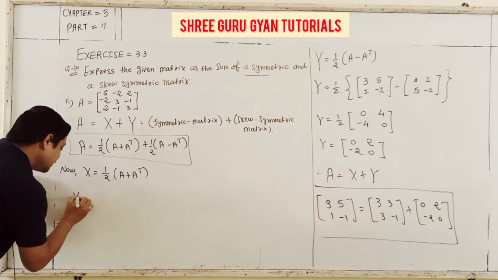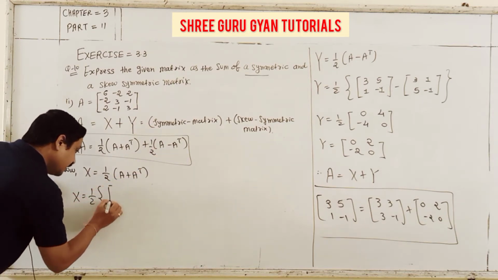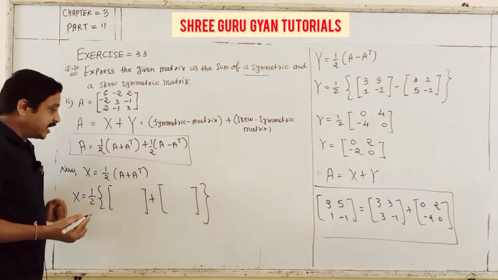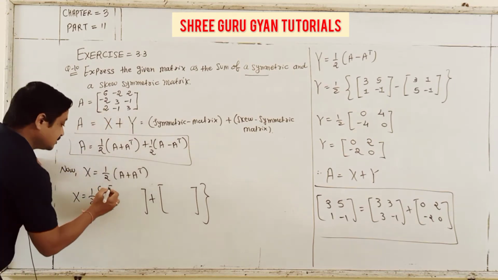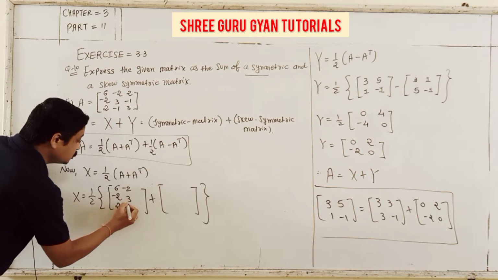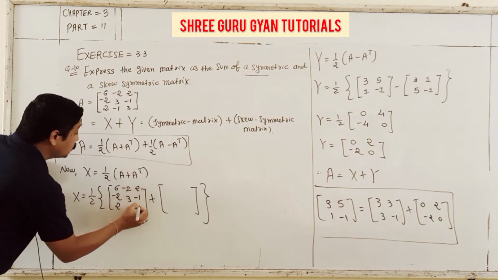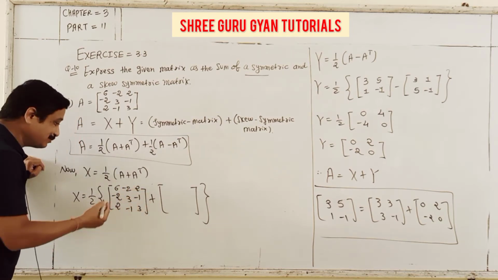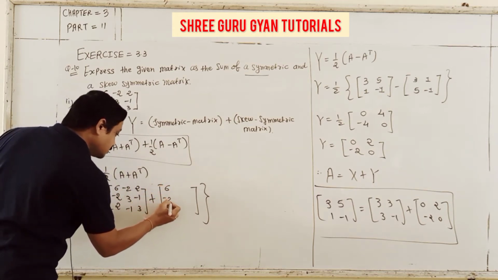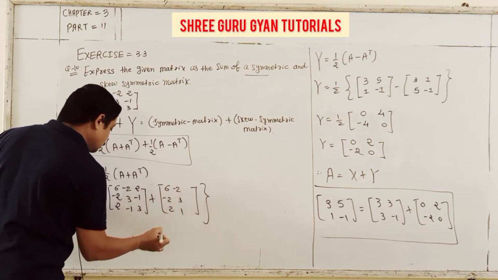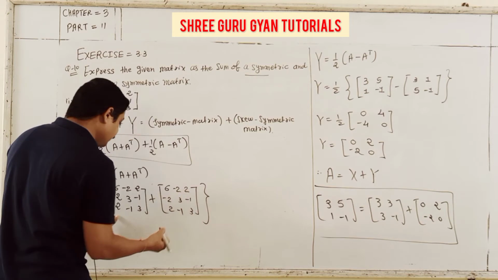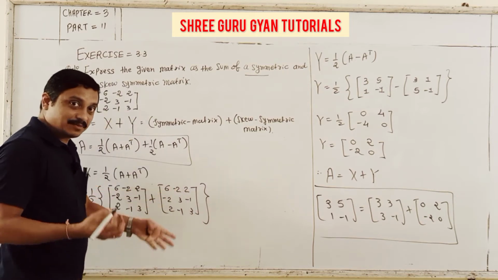Now X, just write down the solution part. A matrix plus its transpose matrix, and A is clearly known, 6, minus 2, 2, minus 2, 3, minus 1, and 2, minus 1, 3, and go to transpose. Row elements we will write in columns. So 6, minus 2, 2, minus 2, 3, minus 1, and 2, minus 1, 3, both plus.